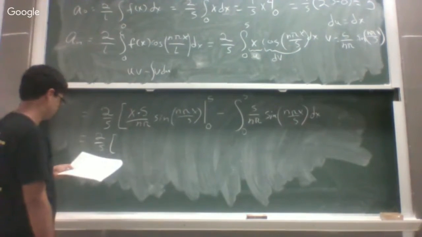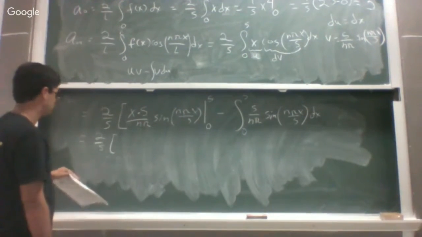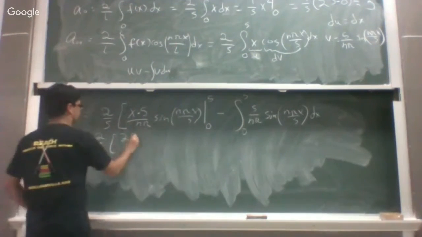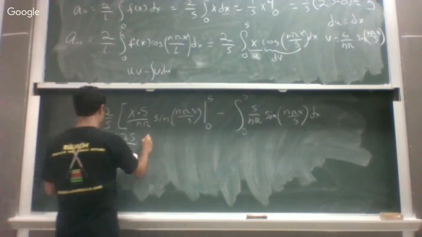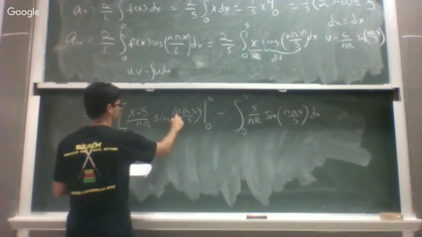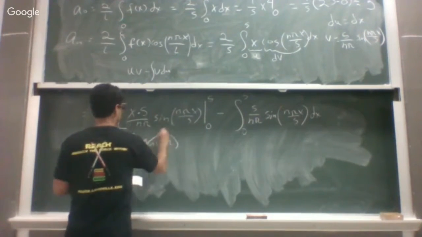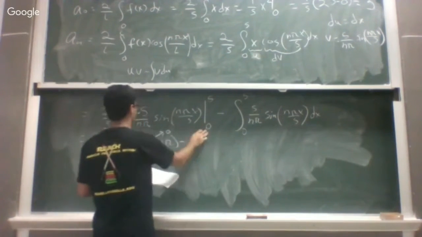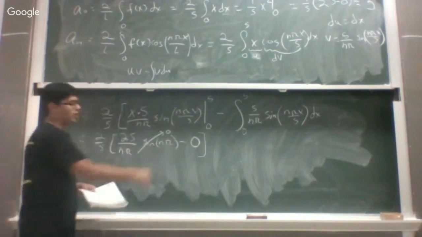Sorry, we plug in the 5, so we get 25 over n pi times sine of n pi, and yes, that just goes to 0, minus, if we plug in a 0 here, the whole thing is a 0. So this entire part goes to 0.